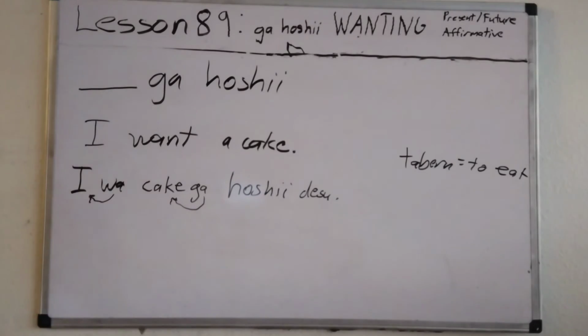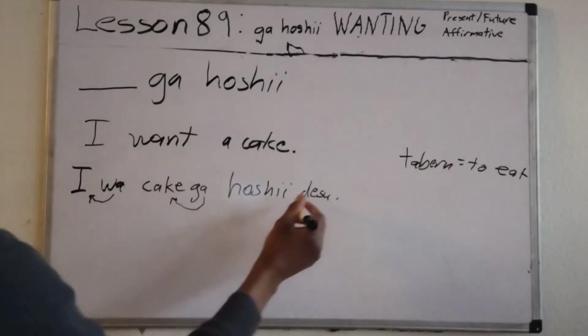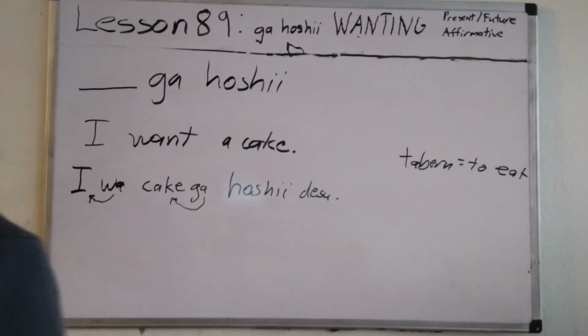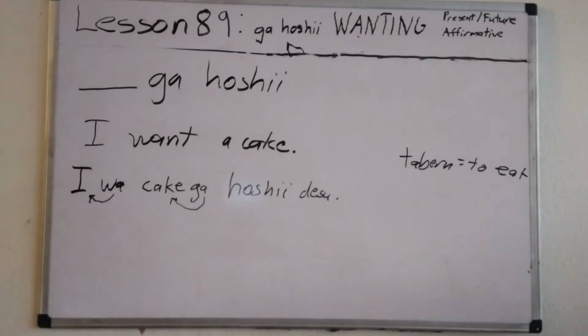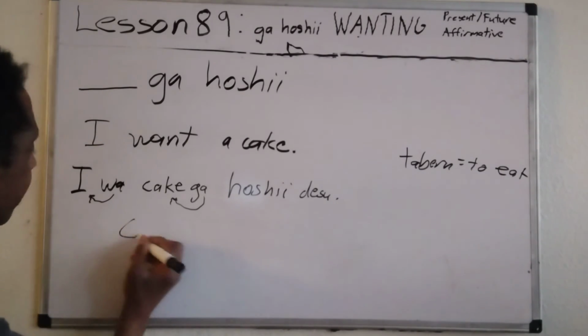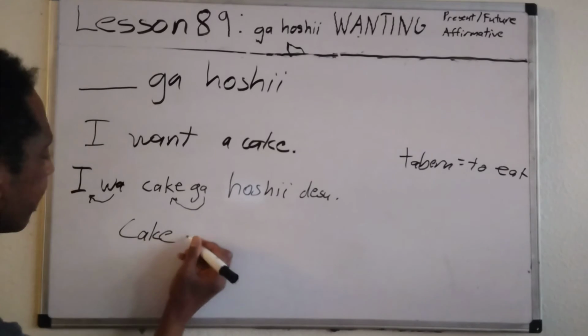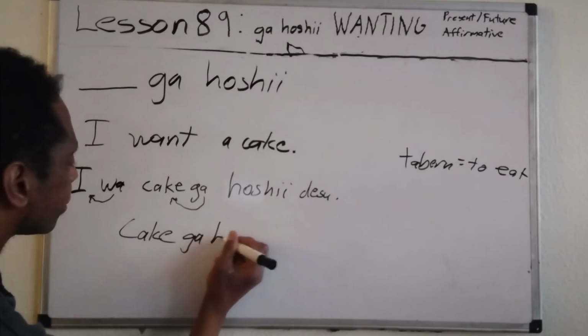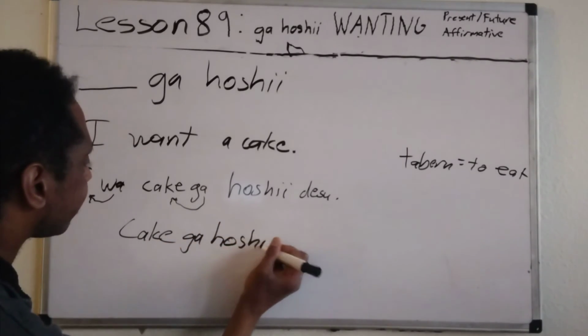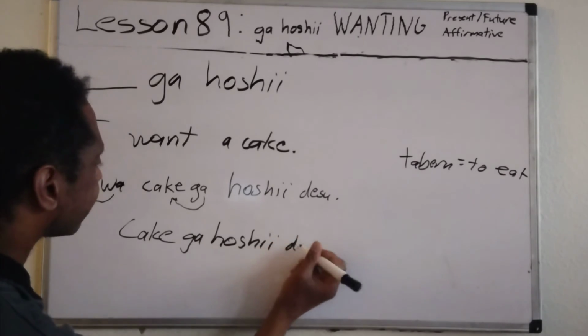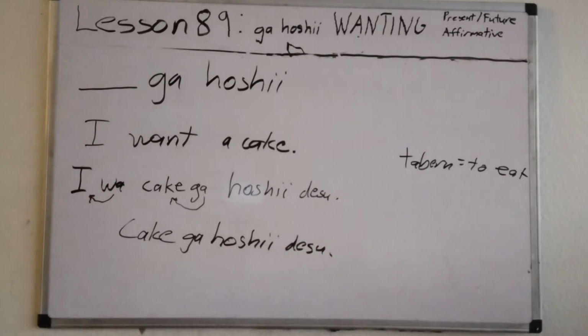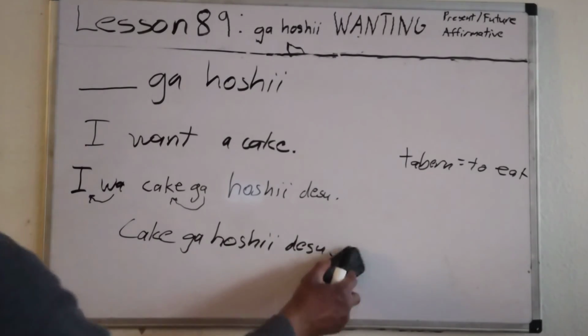It's wanting. I wa cake ga hoshii des. Okay? Now, in real life, people mostly just say cake ga hoshii des. Okay? They skip, you know, I wa. Okay? So that's all you would see. Cake ga hoshii des. Or cake ga hoshii.